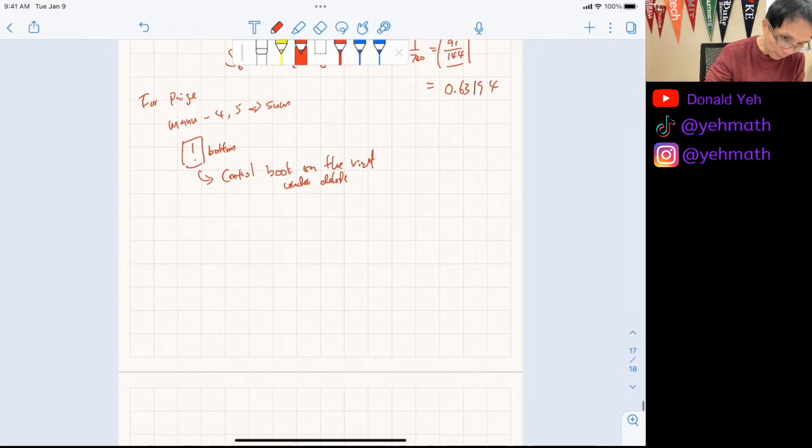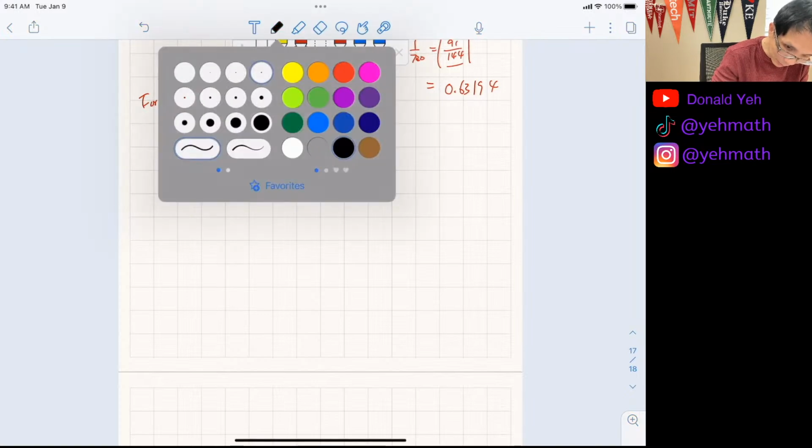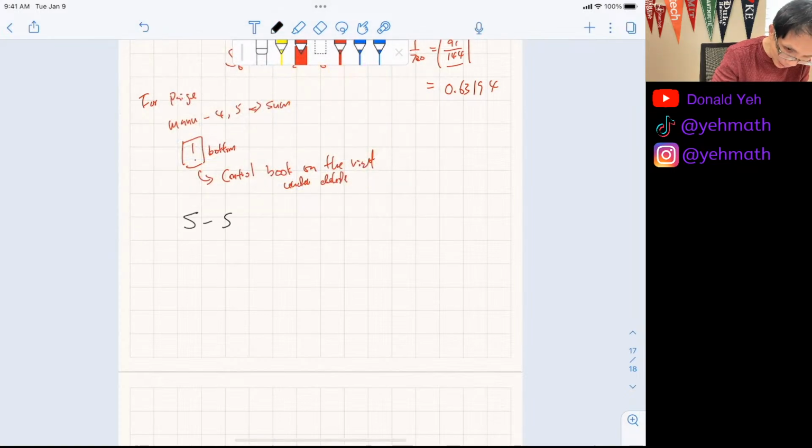This is a crucial part. I'm going to use a different color. It'll be s minus s sub 6. This is the remainder after the 6th term, but it's less than a sub 7.